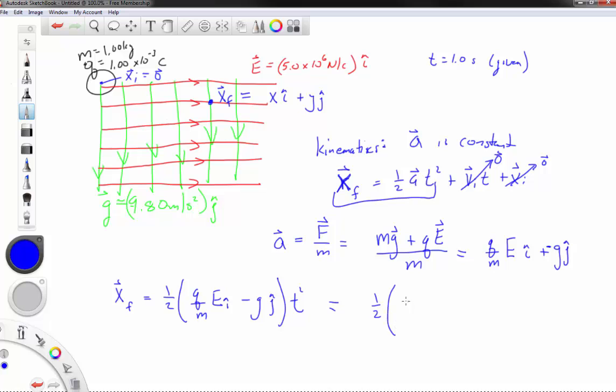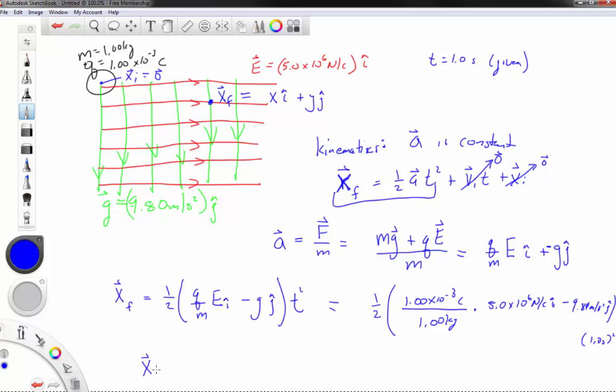This is 1/2 of, let's see, q is 1.00 times 10 to the minus 3 coulombs divided by 1.00 kilograms, times 5.0 times 10 to the 6 newtons per coulomb i hat, minus 9.80 meters per second squared j hat, times 1.0 seconds squared.